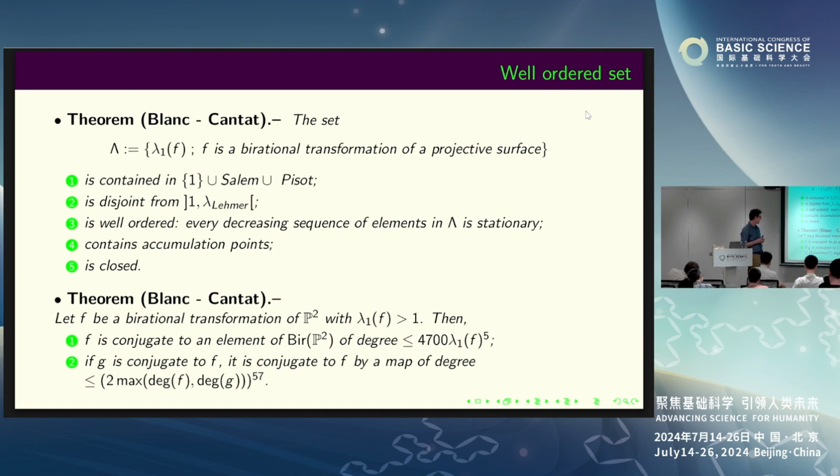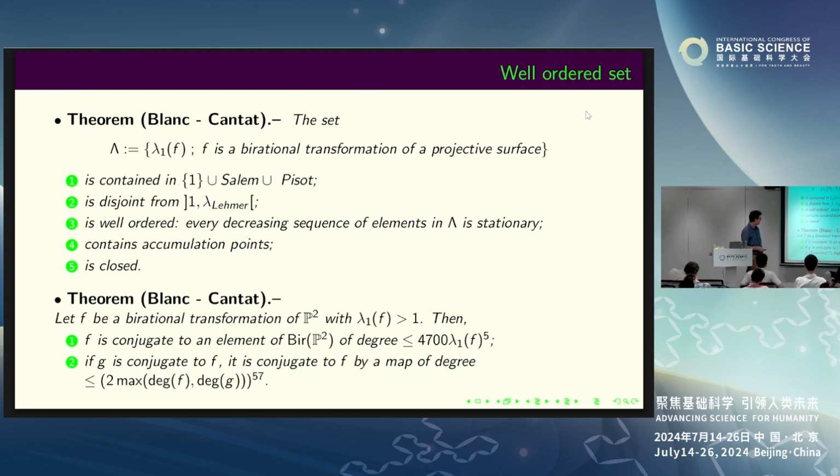For instance, if you look at the second statement, if you have two maps G and F in this group of birational transformations of P2, and you know that F is conjugated to G, how do you find a transformation which realizes this conjugacy?